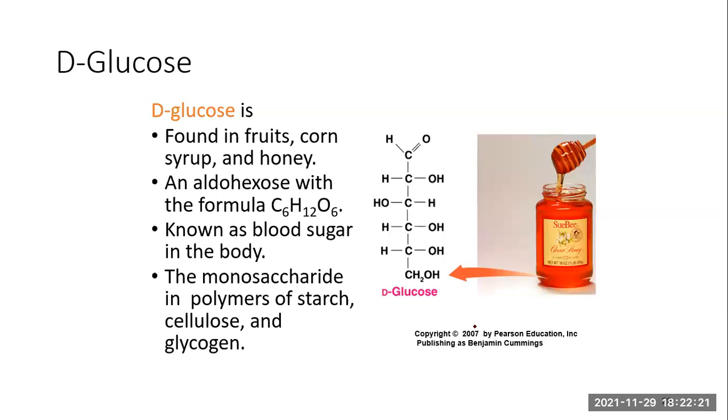It is basically the monosaccharide of polymers of starch, cellulose, and glycogen, as we'll talk about. As I mentioned before, the body uses it for energy through glycolysis. It also stores some of it, and you need to break it back apart a little bit later on. As we saw earlier, it is a 6-carbon structure, a hexose. It is an aldose, and obviously D-glucose, meaning that our final OH group on the chirocarbon is on the right-hand side.